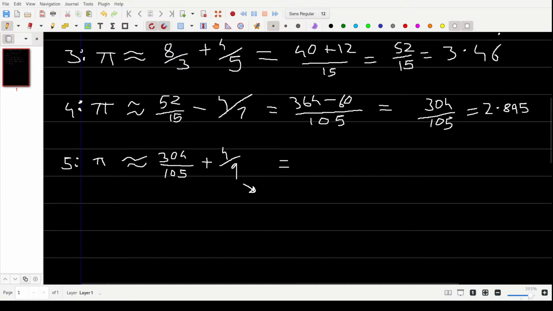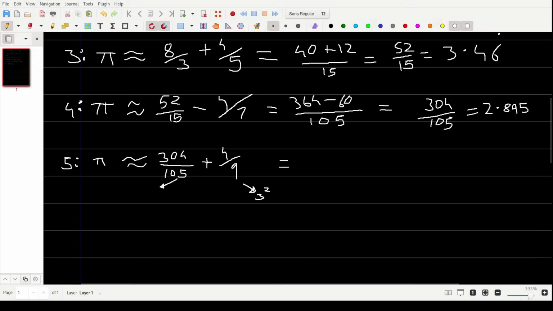Okay, so what was I doing? That's 3 squared. 7 times 5 times 3 squared. And no, not squared. Why is it squared? Sorry. And then you can cancel one of the 3s.